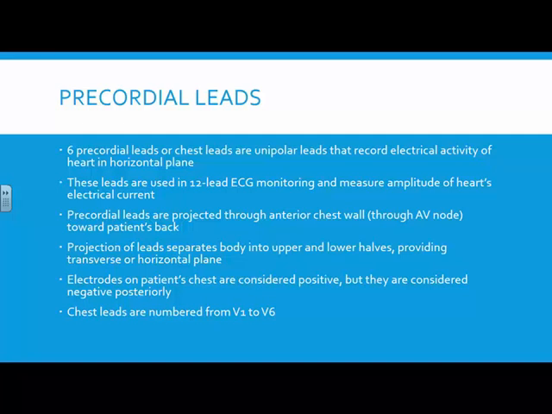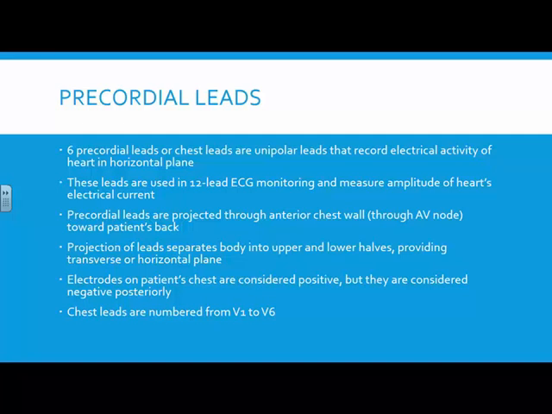Now you've got 6 more leads that we're going to tell you about, and we're not going to elaborate on them until we get to 12 leads. Precordial leads. These are chest leads. They are unipolar leads, so they're all going to have a common negative, and they record the electrical activity of the heart on a horizontal plane. So 1, 2, 3, 4, 5, 6, from the center of my heart is going to be my negative.